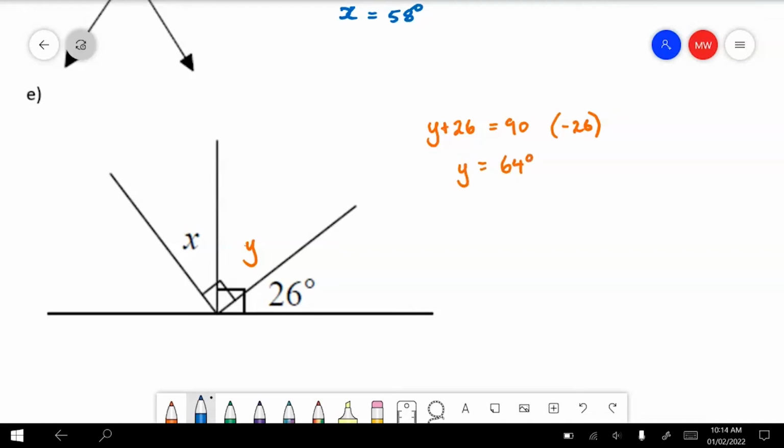And now that I've found that, I can go hunting for x, because I know that x plus y are also complementary angles that will give me 90. So I've got x plus 64. I'll just take 64 from both sides. And I know that x will be 26 degrees. And that one's solved as well.